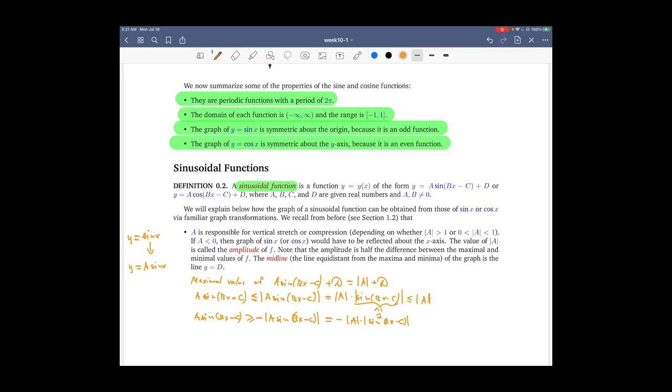Maybe this is here not a good way to state this. Yes, even easier from the previous line. I can take this inequality here and multiply it by -1.